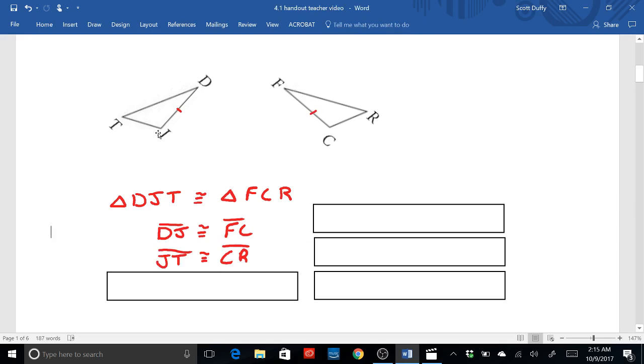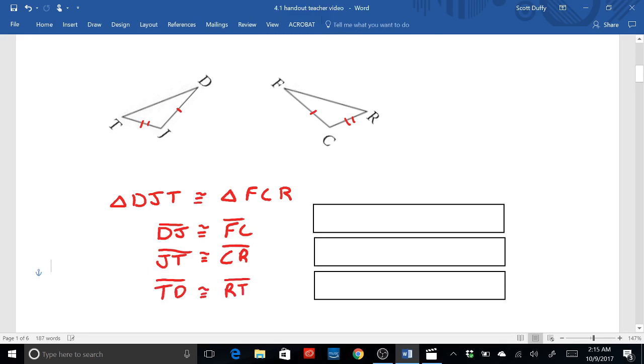Side length JT is equal to side length CR, so I'm going to put 2 hash marks right there. And then TD is equal to RT, and I'll put 3 hash marks right there. Now I have my 3 corresponding congruent side pairs.